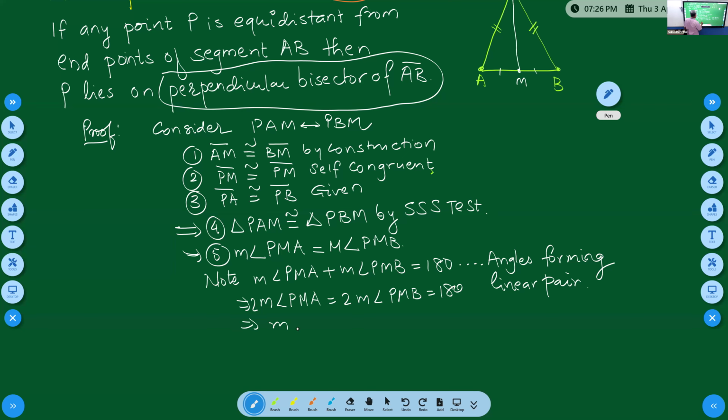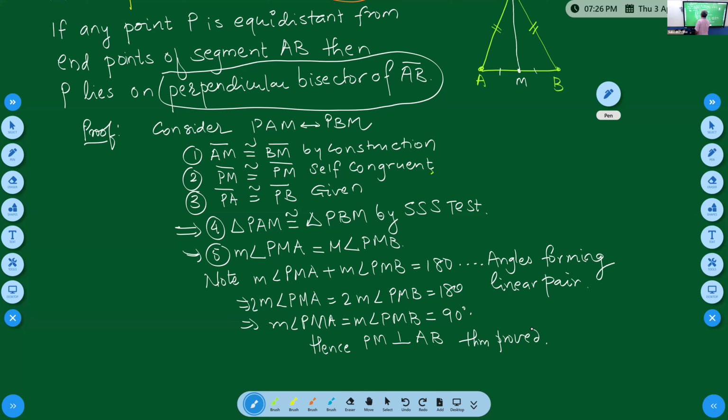Therefore, the measure of angle PMA equals the measure of angle PMB equals 90. Hence, PM is perpendicular to AB. Theorem proved.